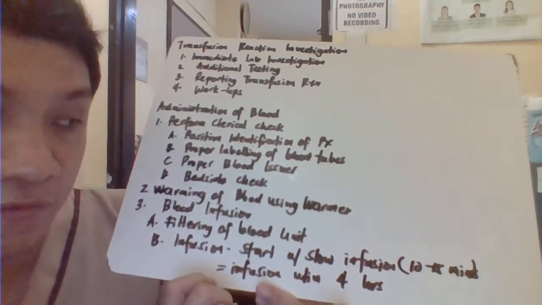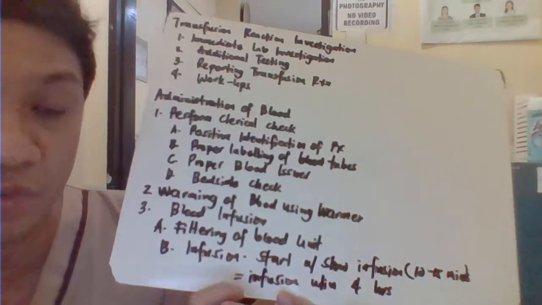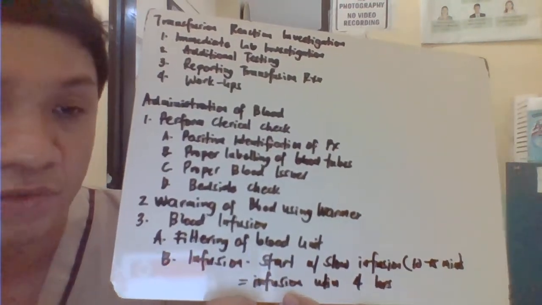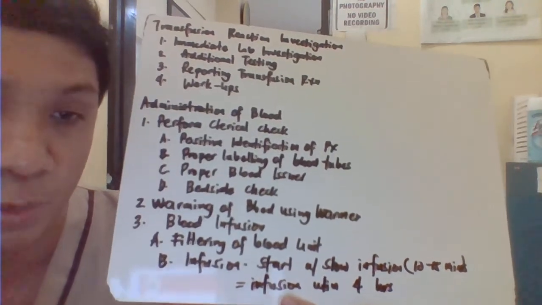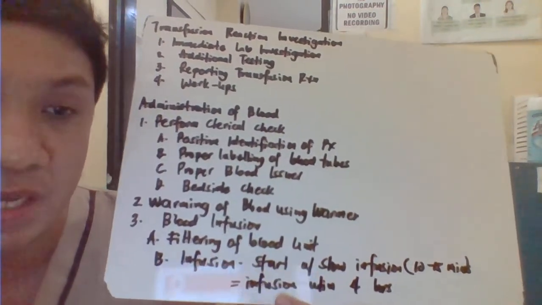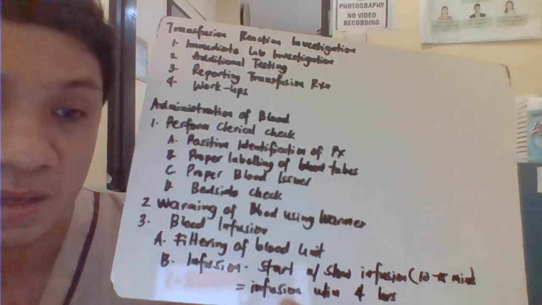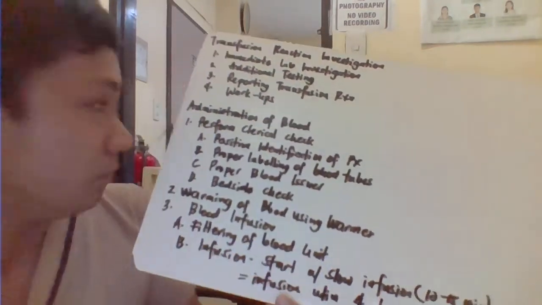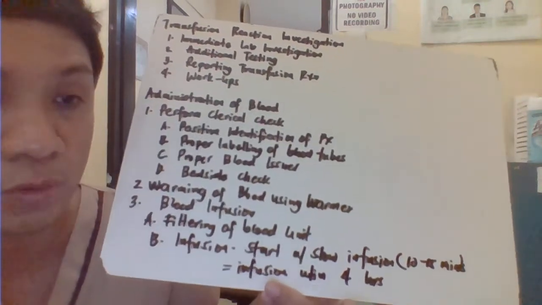You start with a slow infusion for the first 10 to 15 minutes, then make sure you finish the transfusion within 4 hours for whole blood. But if you're transfusing a unit like plasma, that is usually consumed immediately, a matter of minutes only.